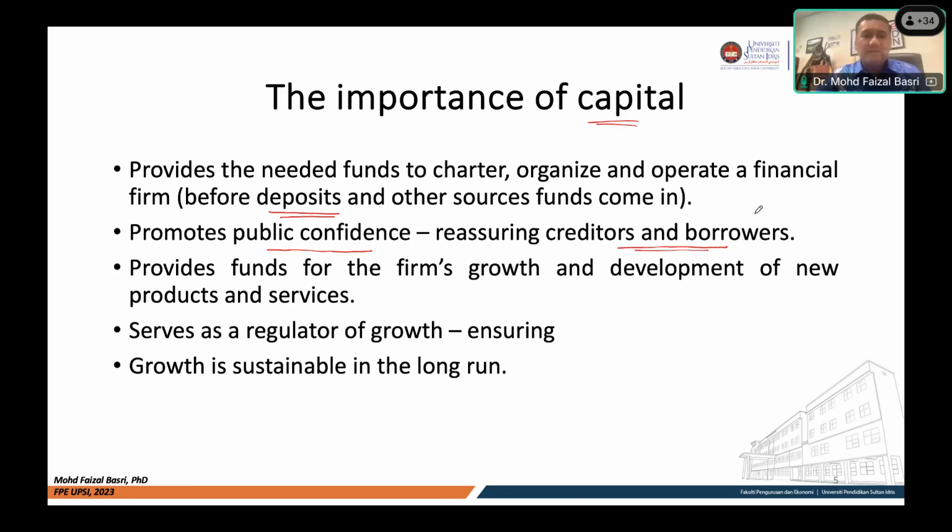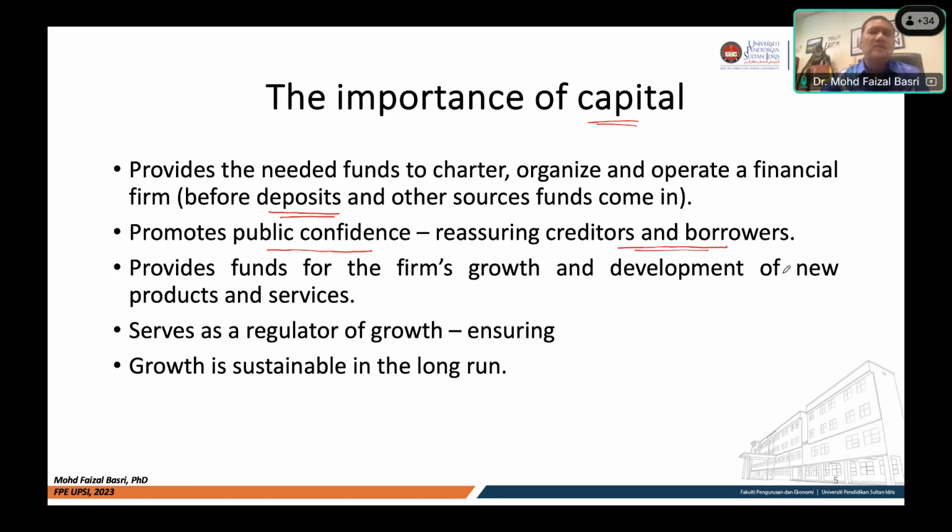Number three, promotes funds to the firm's growth and development of new products and services. Obviously, when they want to introduce new products, services to the market, sometimes they need money, they need funds. Okay, so where this money comes from, obviously from the capital, okay, from the reserve, for example. Sebab nak introduce new services, they might have to purchase, I don't know, new database, or they need to have a new software, or they need to have a new mainframe to the bank, for example.